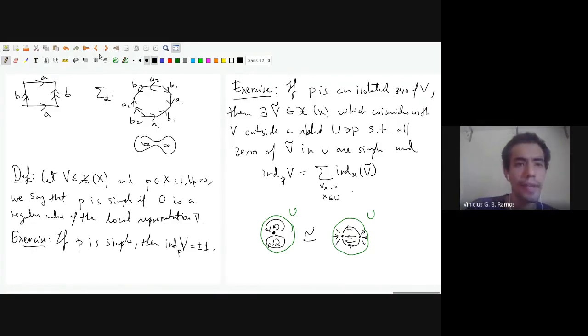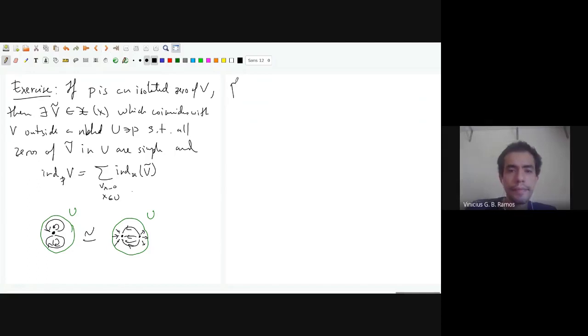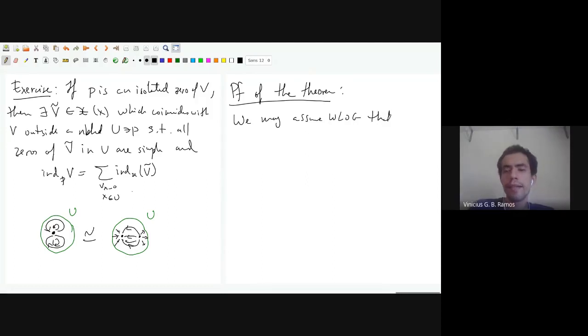Okay, so now we can actually prove the theorem. So any questions about this exercise? So we may assume, without loss of generality, that all zeros of V are simple.